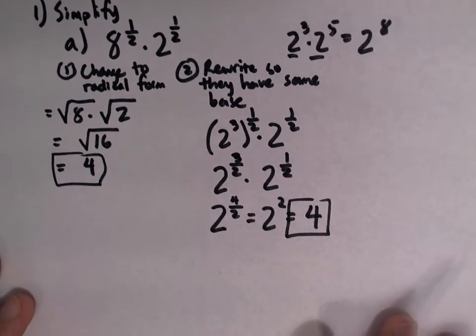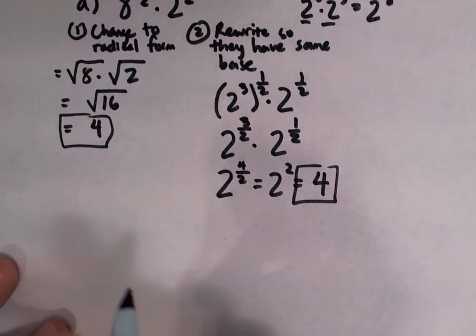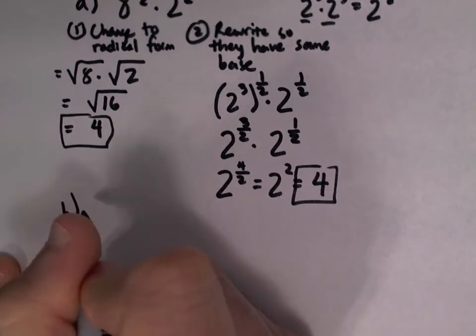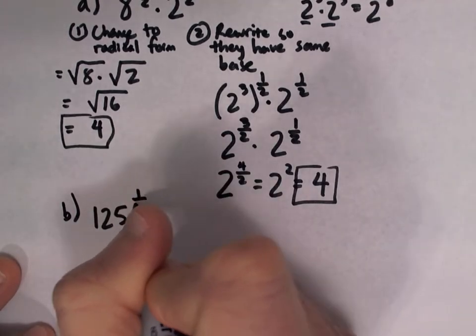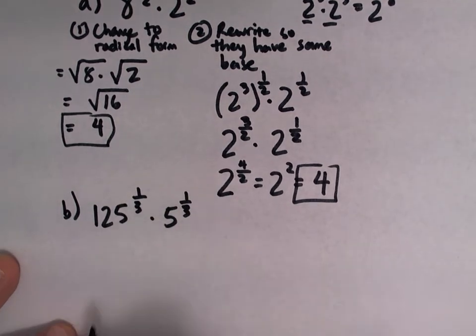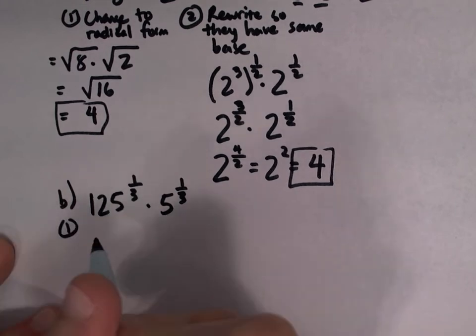Let's try another one. Same methods. Let's call this letter B. Let's simplify 125 to the 1/3 times 5 to the 1/3. So first, let's try the first method. Let's change it to radical form.